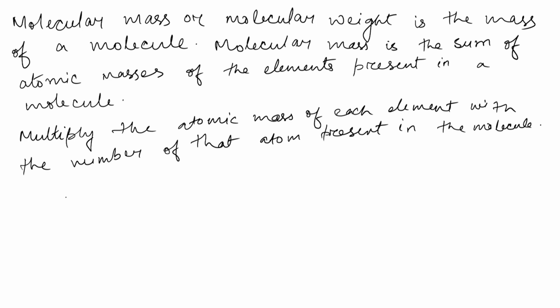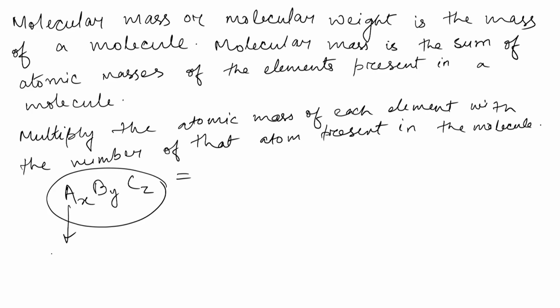Let us say we have a compound AxByCz, and this is the molecule. How will we find out the molecular mass? Let us say A has an atomic mass Ma, B has an atomic mass Mb, and C has an atomic mass Mc, and there are x atoms of A, y atoms of B, and z atoms of C present in this molecule.